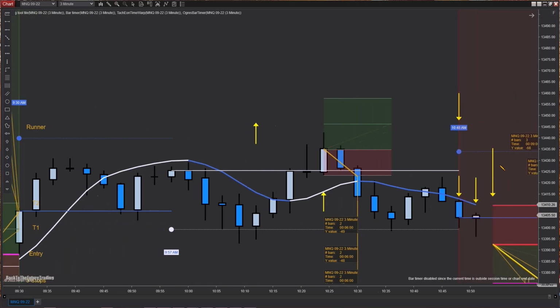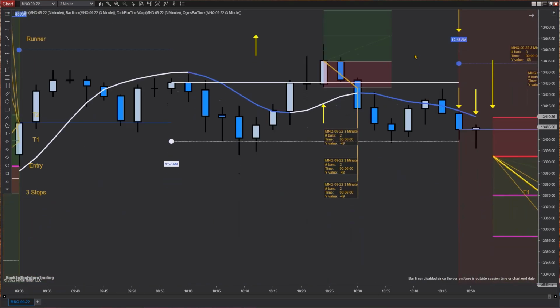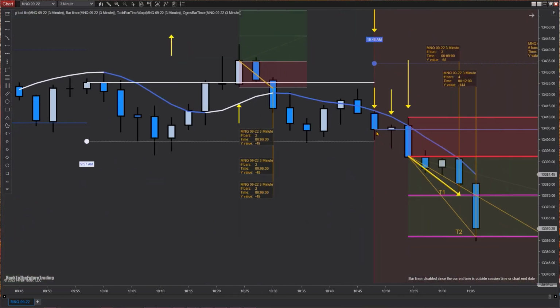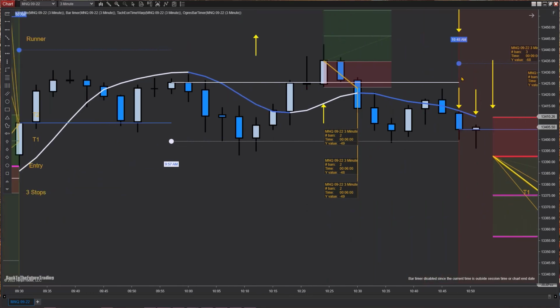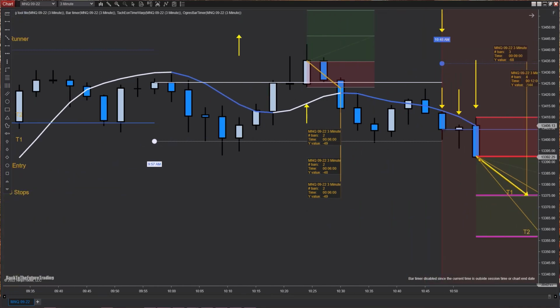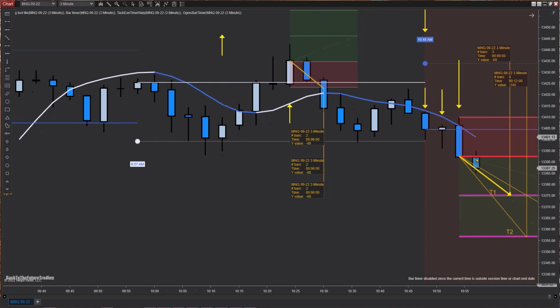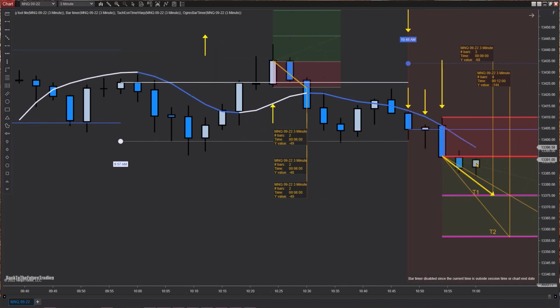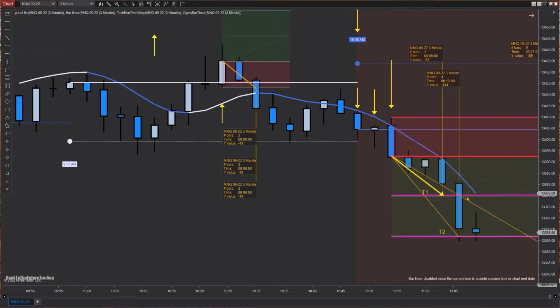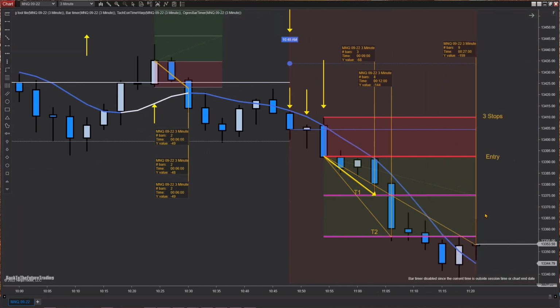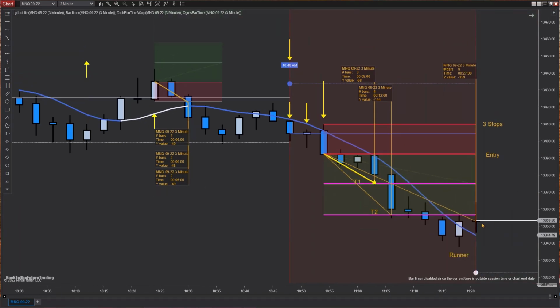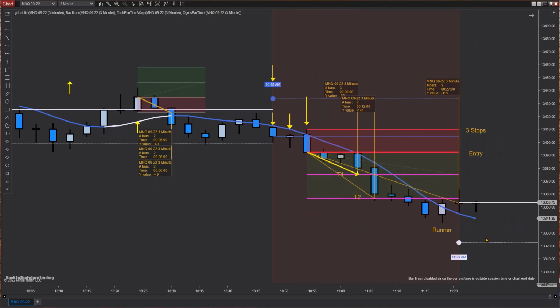Okay, and then this one we already went over. So just to go over it one more time: blue dot, selling, close below open price line, close below Hull. Target 1, target 2, and buy dot.